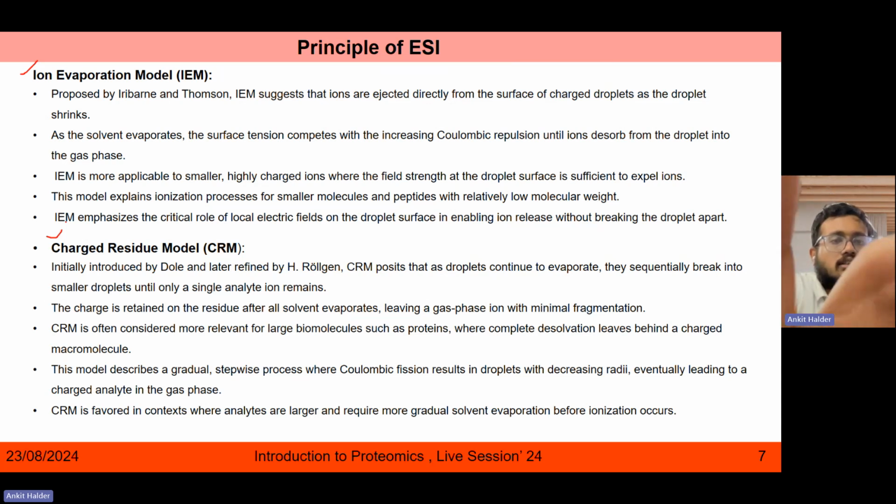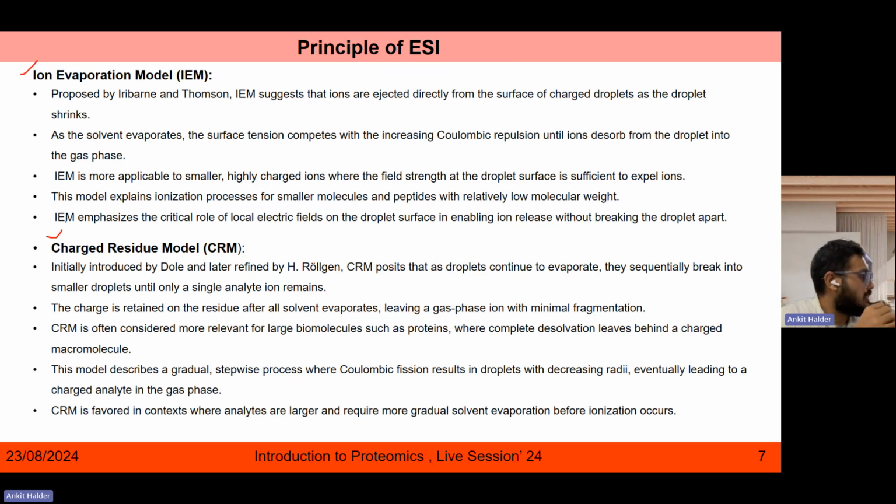So we have talked about how your ions are in the gaseous phase for electrospray ionization. So the solvent will evaporate and the surface tension will compete with the increasing Coulombic repulsion, which will lead to the ions leaving the droplet into your gas phase.